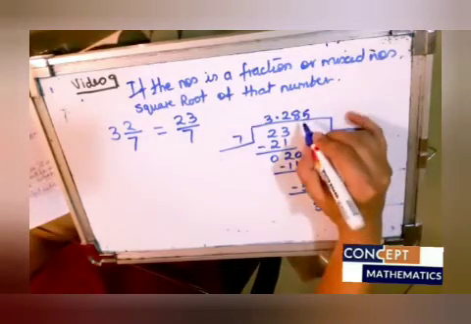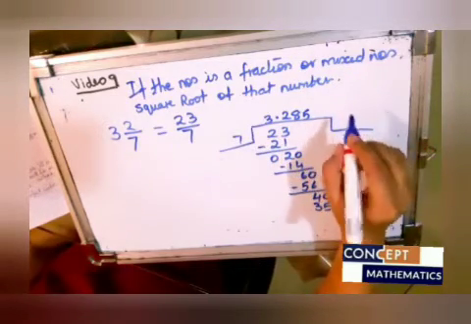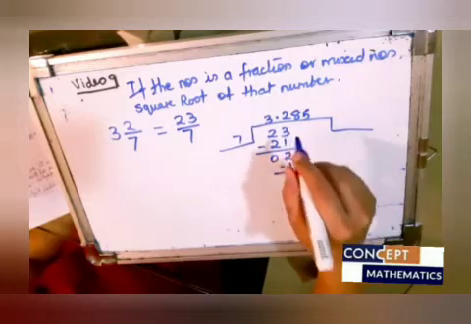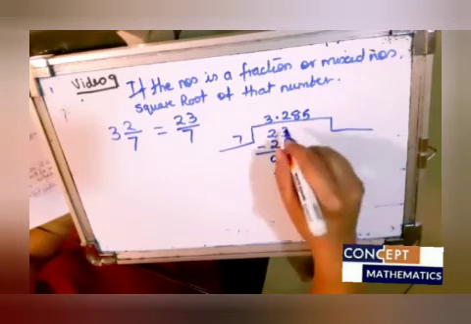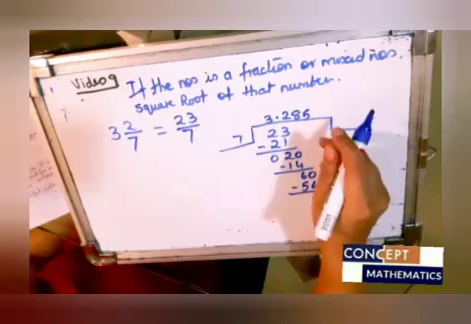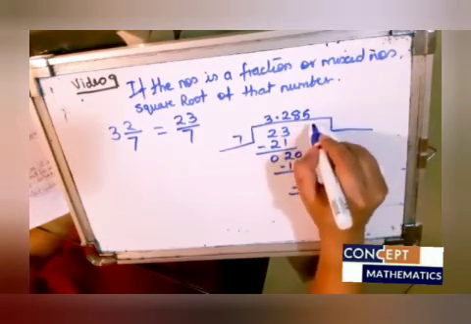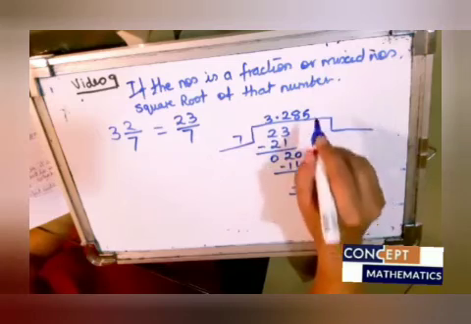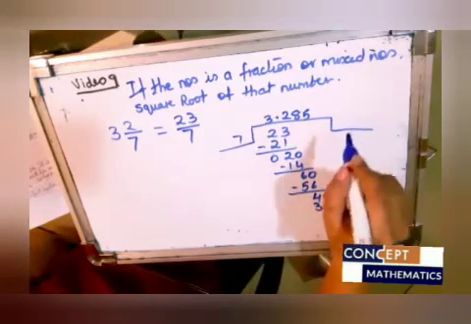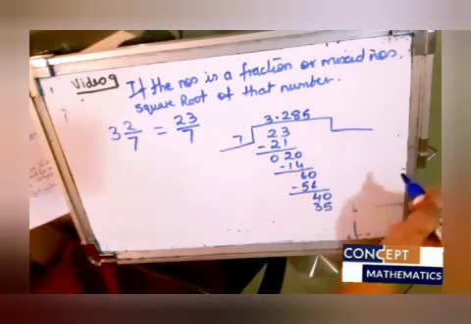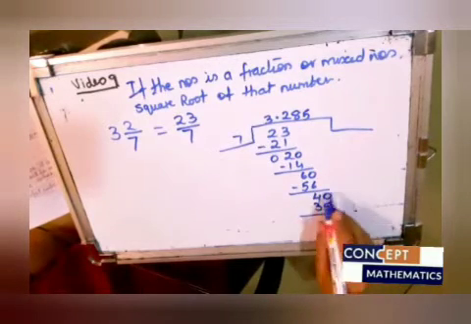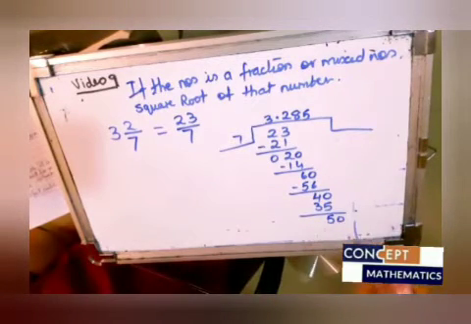And you have to take this number till 6 places, because as you know, when a number is not a perfect square, after the decimal you need 3 pairs. So there should be 6 numbers after the decimal, or 3 pairs after the decimal. So now 10 minus 5 is 5. Again this is 50.